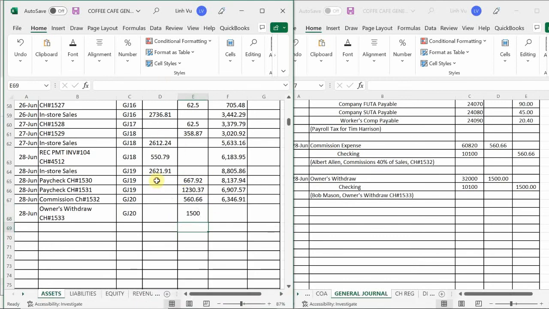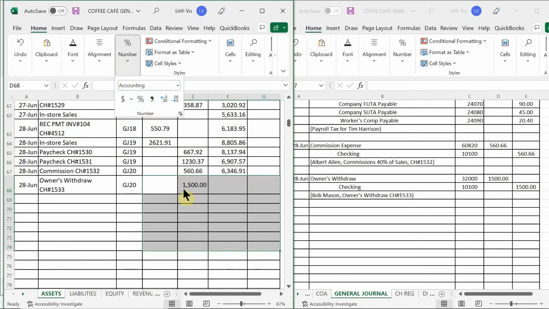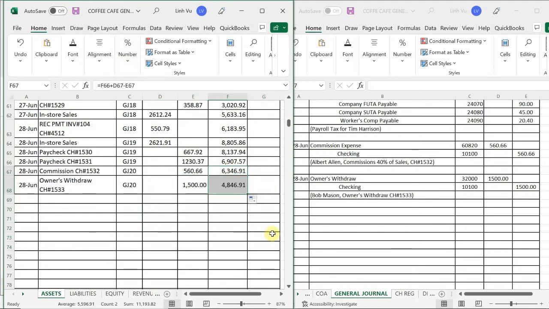And how much money is left in the checking account? He's left the business with $4,846.91.